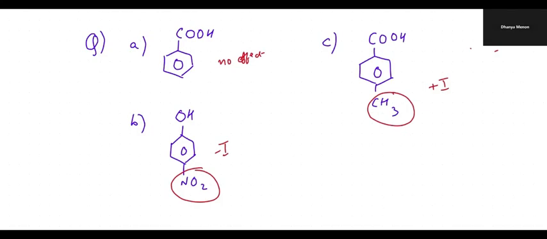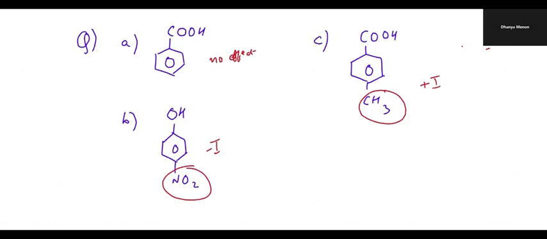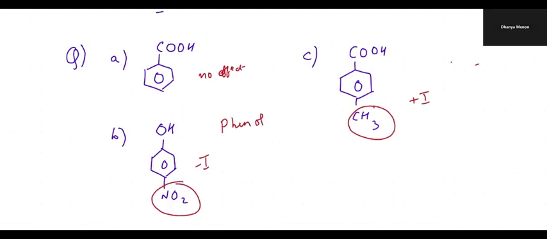Now here, benzoic acid, then here, phenol. Please remember that phenol is a weak acid. If we compare, here there's a phenol with a nitro group, right? So phenol that has a nitro group means that has minus I effect.